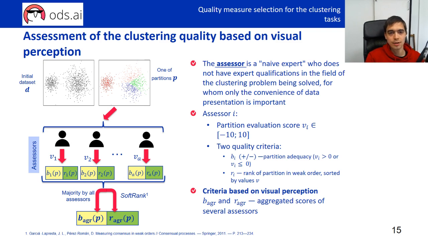So each assessor assigns an integer score from -10 to 10 to the partition, from which we get an adequacy criterion corresponding to the sign of the assessment value, and the rank of the partition in weak order sorted by score values. The final clustering quality criteria based on the visual perception are aggregated criteria for adequacy and ranking for all the assessors.